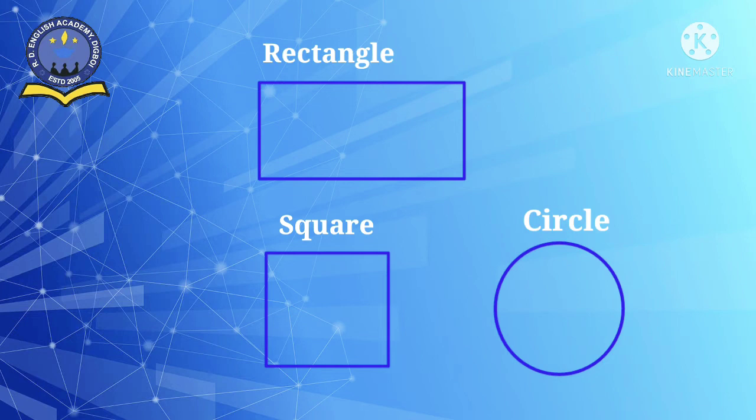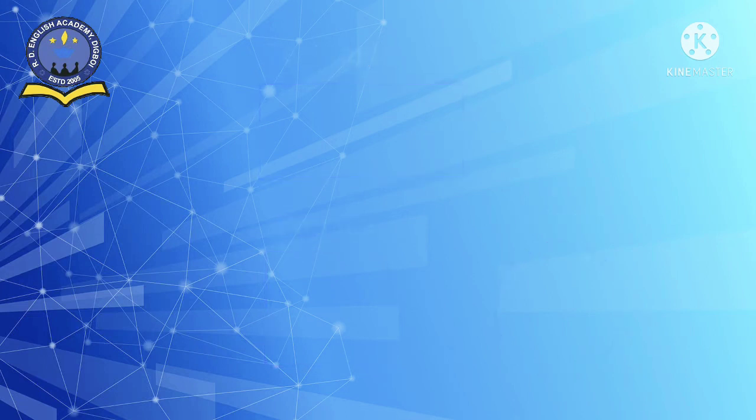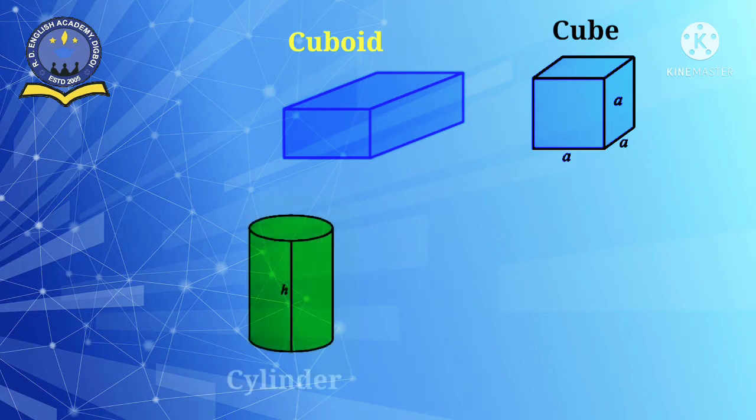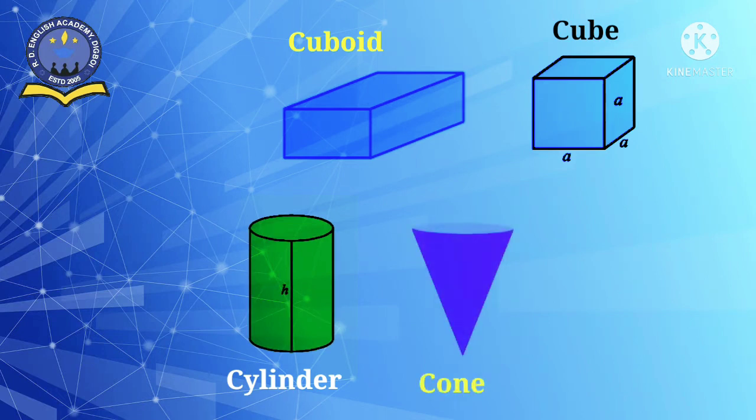This type of figures, this type of formulas we already know. Now we also learn to find the surface area and volumes of cuboids, cubes and cylinders. These figures we have to discuss here, and some more figures like cones and spheres.